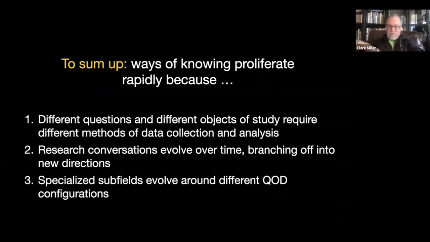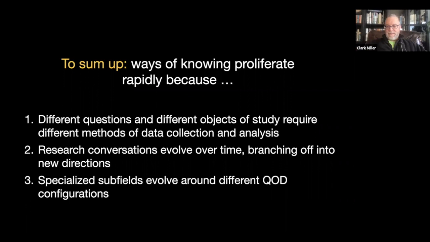And so if you shift the question, you've got to shift the kind of data that you collect in order to answer that question. If you shift the object of study, you shift the kind of data that you collect. You may also have to shift the kind of question that you ask, right? So in shifting, you're forcing ways of knowing to evolve.